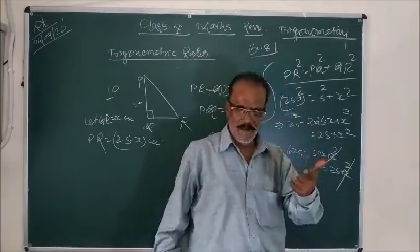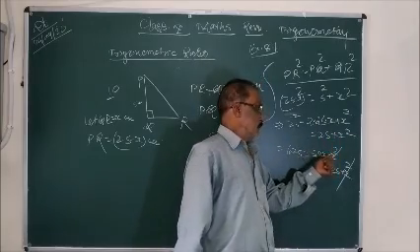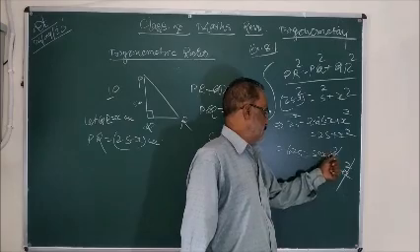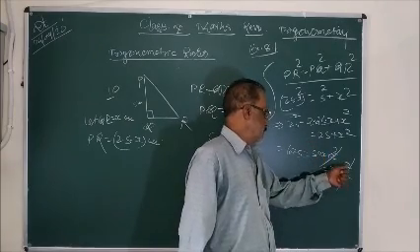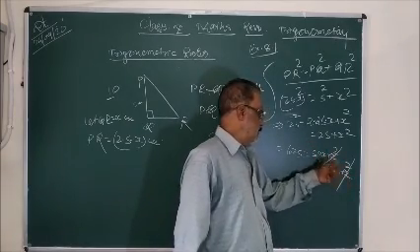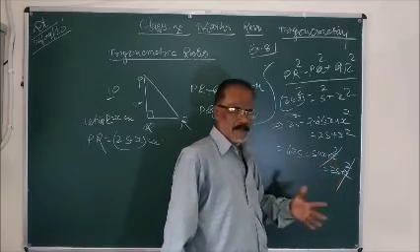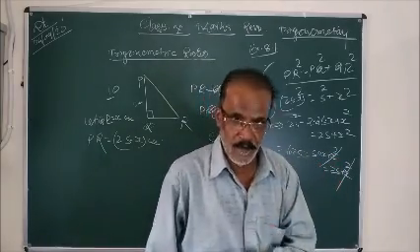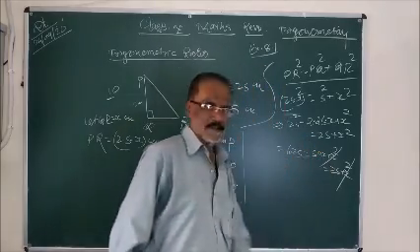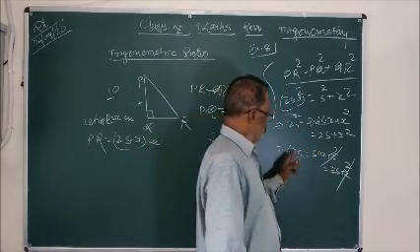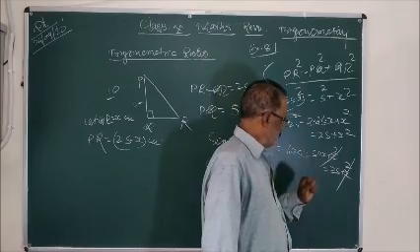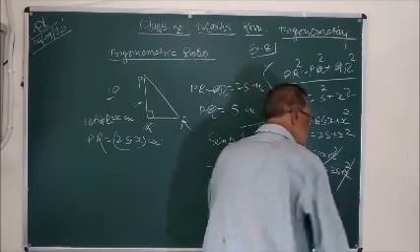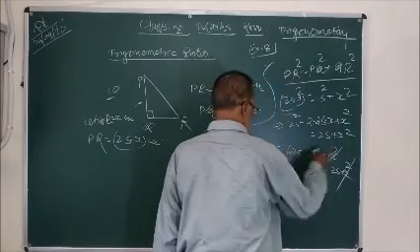How does it cancel? Because if you transfer this X square from left to right, or from right to left, the sign will be changed, and plus 2 minus 2 is 0, plus 5 minus 5 is 0, so plus X square minus X square. You may ask, sir, it is plus on both sides, but if you transfer, it will be minus. So this will be cancelled.